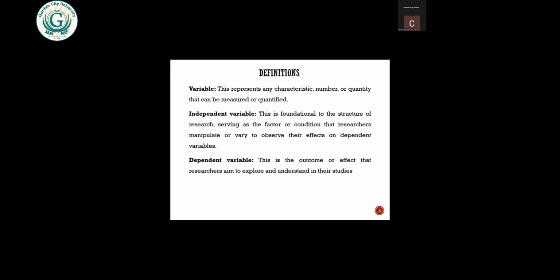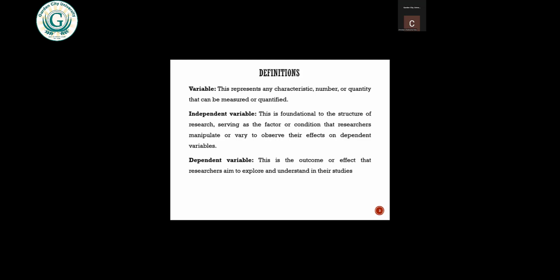What are some of the factors that can influence teenage pregnancy? Broken homes, poor sex education, lack of awareness, poor income status. All of these individual factors would be the independent variables. They are collectively the independent variables.